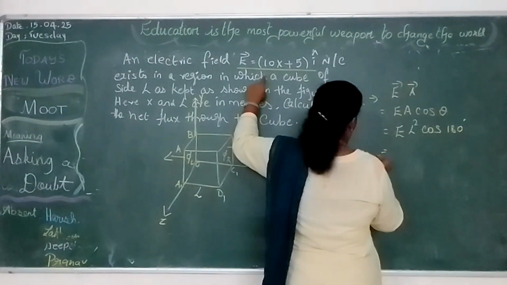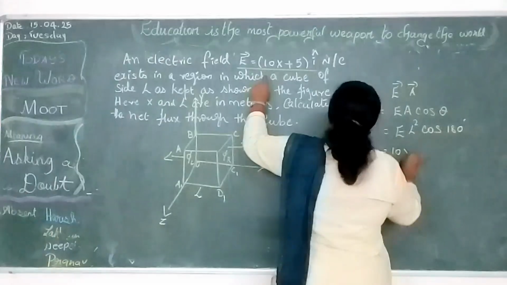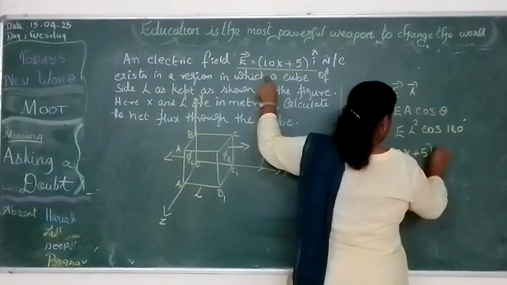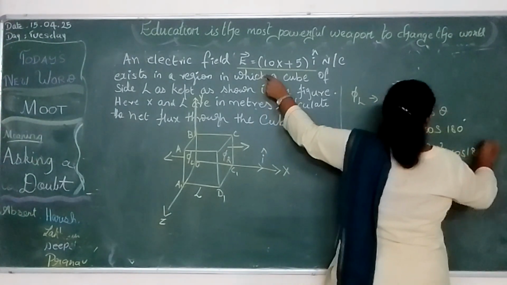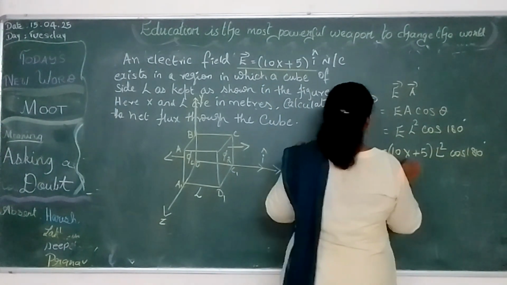Instead of E, I write (10x plus 5) into L square cos 180 degrees. What is x here?